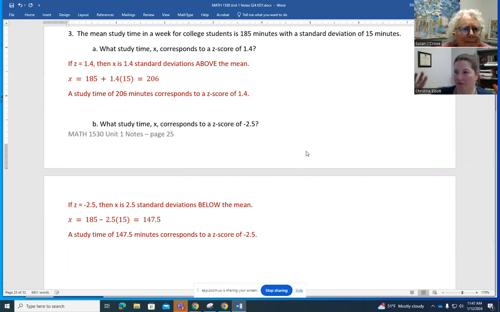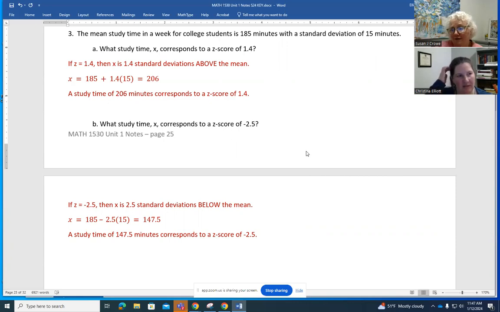What if we want to work the other direction? If I want to know what X value corresponds to a specific z-score, I can also find that. You can use the z-score formula, put in the value for Z and solve for X. But I like the way I wrote it out here, where you algebraically manipulate the z-score formula to solve for x, so that instead of z equals, you have x equals.